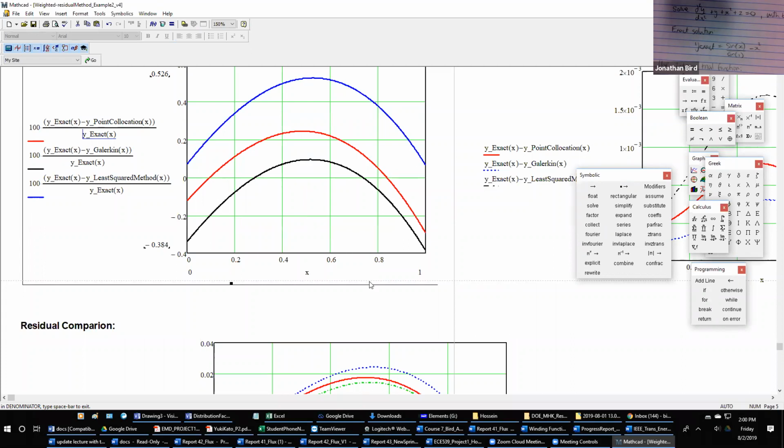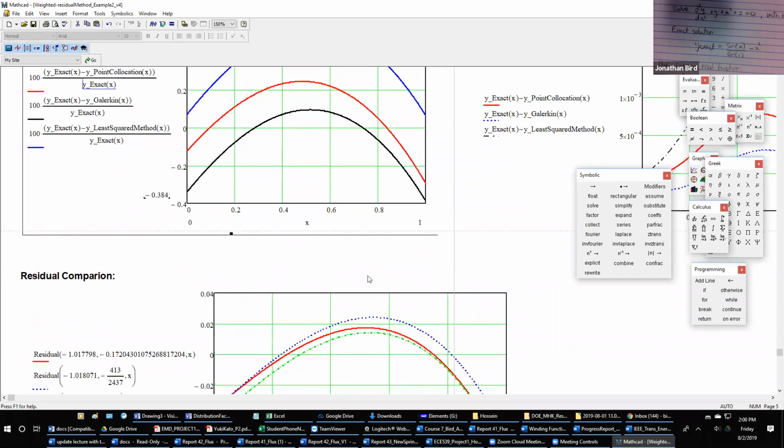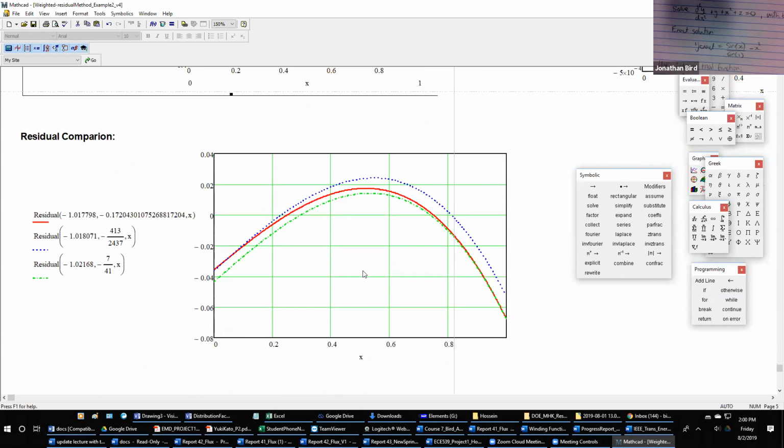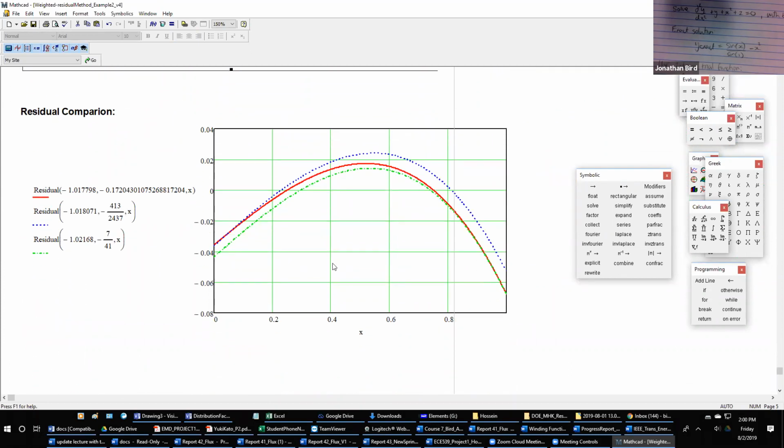The black one is the Galerkin. And then this is the residual for 3.